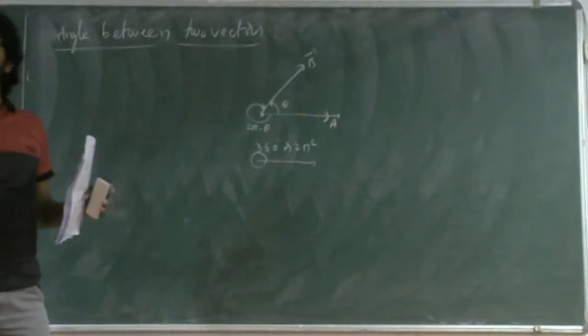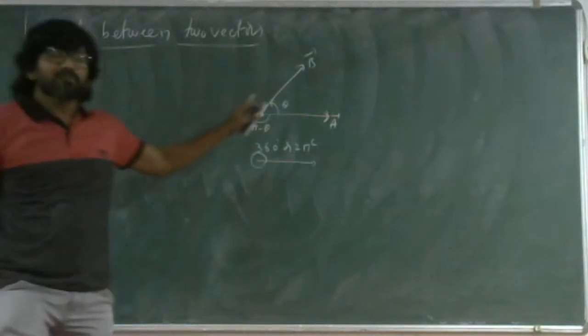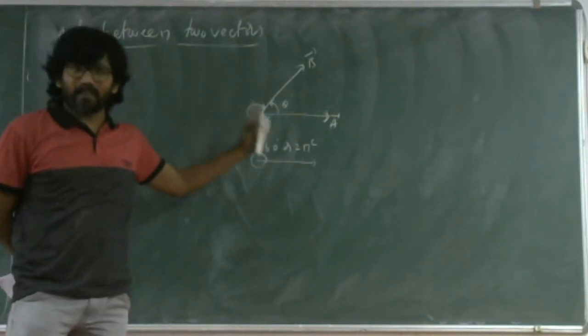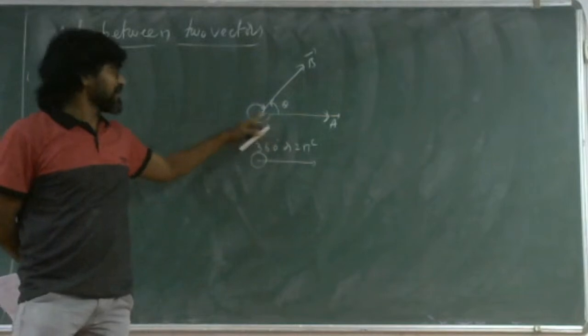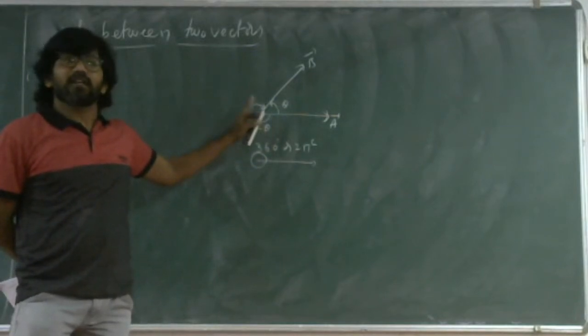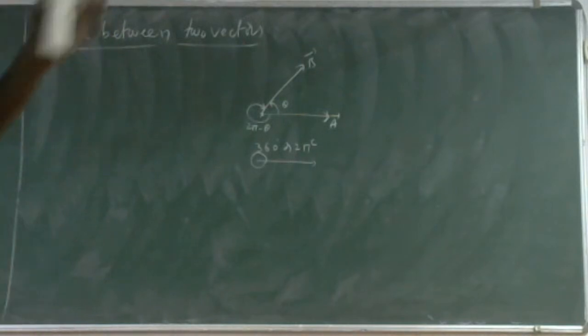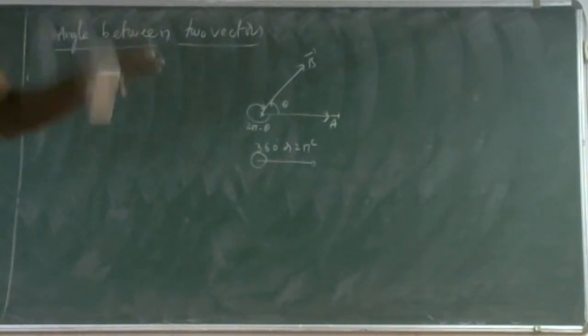I am repeating once again: the smaller of the two angles between two vectors when they are arranged with the tails of the two vectors at the same point is called the angle between vectors.